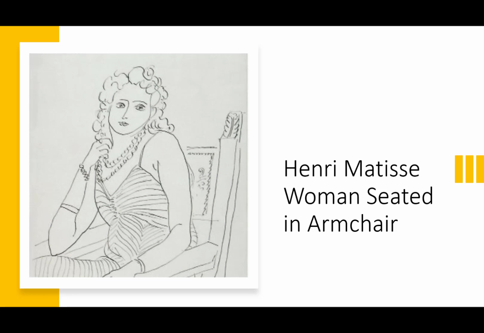And so here we have contour lines. How do we have contour line in every aspect of focus of the outline, right? You don't have the detail of the wood grain in the chair. It's the outline of the chair. It's the outline of her arm, even of her dress. And even though you have the lines inside the dress to create some sense of depth, there's no shading going on, right?